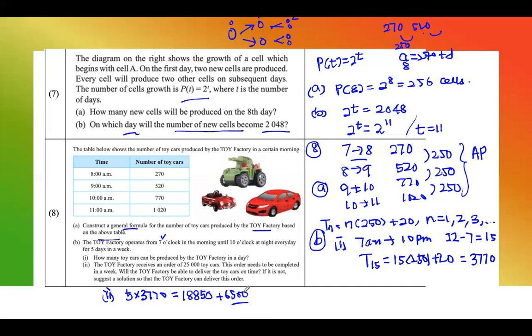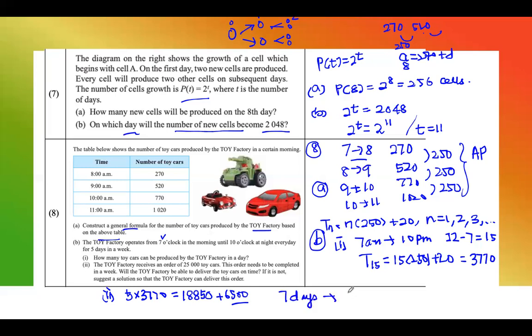Because 3,770 times 2 is 7,540. So the suggestion is you work 7 days for that week only, right?